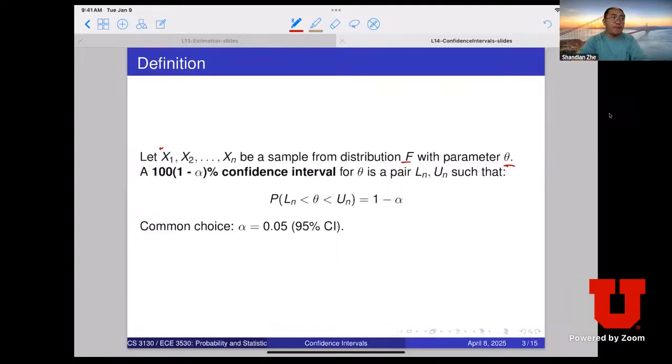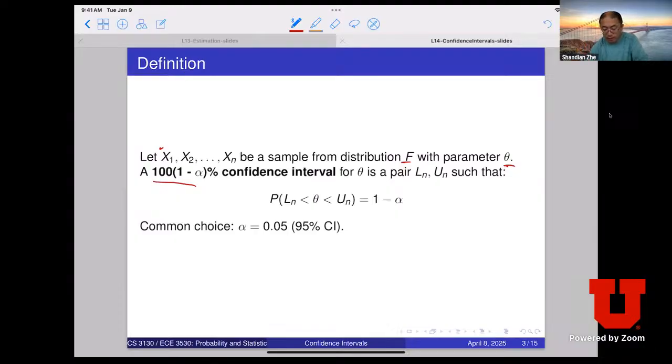And then we define a 100 times (1 minus alpha) percent confidence interval.